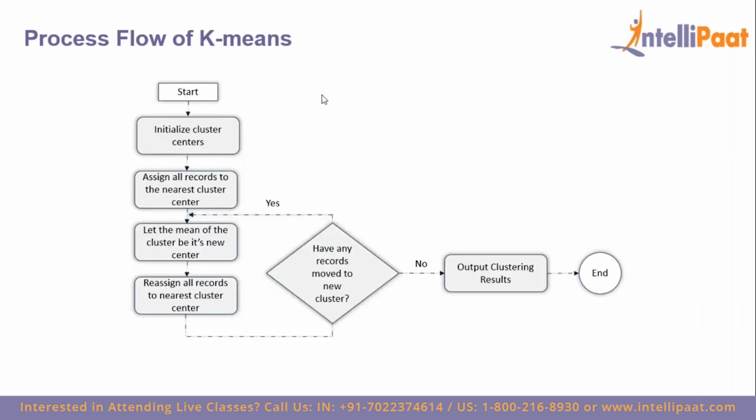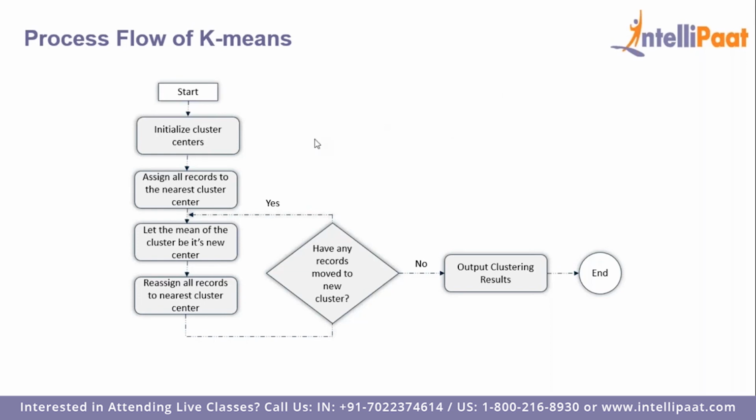So we have, let's say, C1, C2, C3, and C4. Now let's say we have record 1. If record 1 is closest to C1, then it will be assigned to C1. If record 2 is closest to C3, then it will be assigned to C3. Similarly, if record 3 is closest to C4, then it will be assigned to C4.